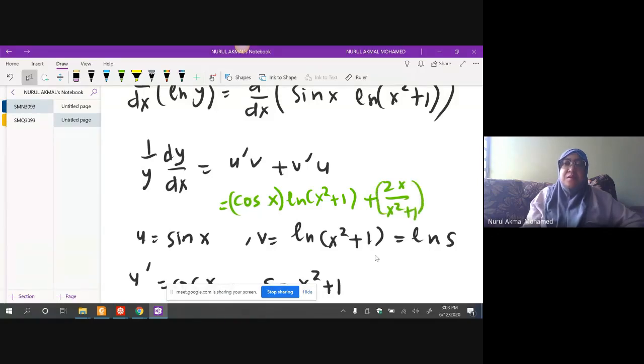And then you multiply with u, which is sine x. So that is your answer: cos x ln of x squared plus 1 plus 2x divided by x squared plus 1 multiplied with sine x.